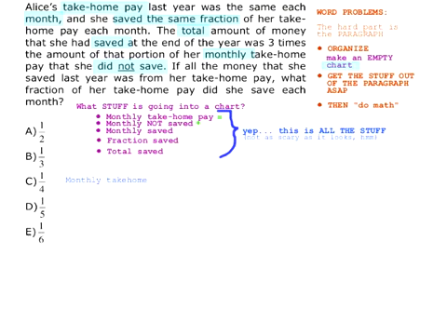Monthly saved, and then you have monthly not saved, and then you have total saved for the year too. Let's shrink these a little bit. And NS stands for not saved there.